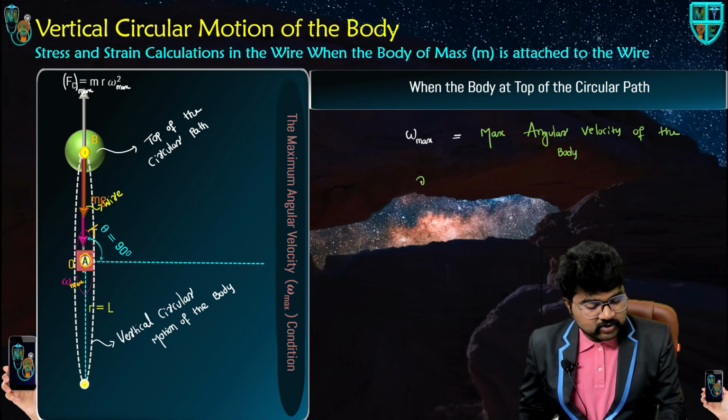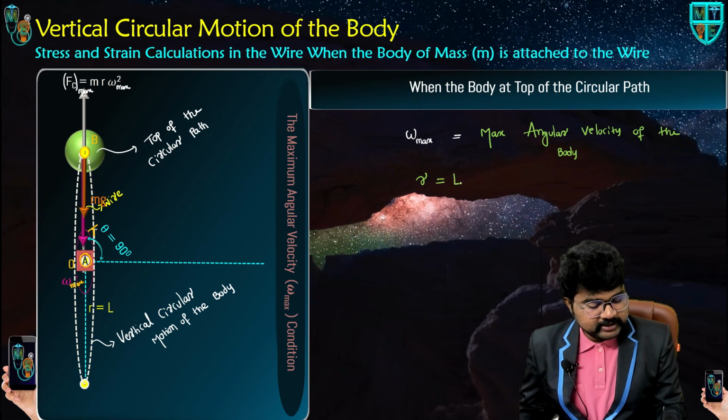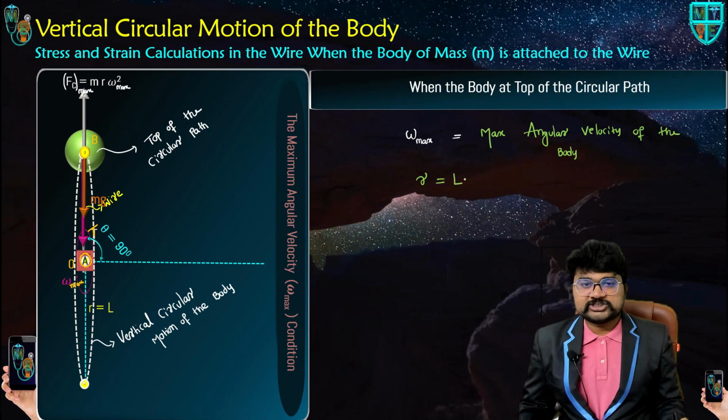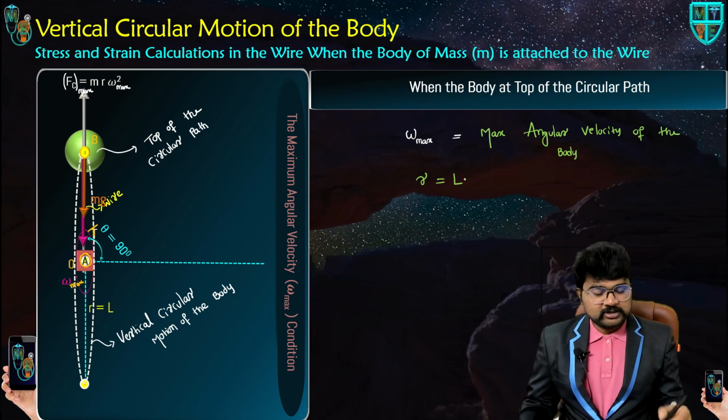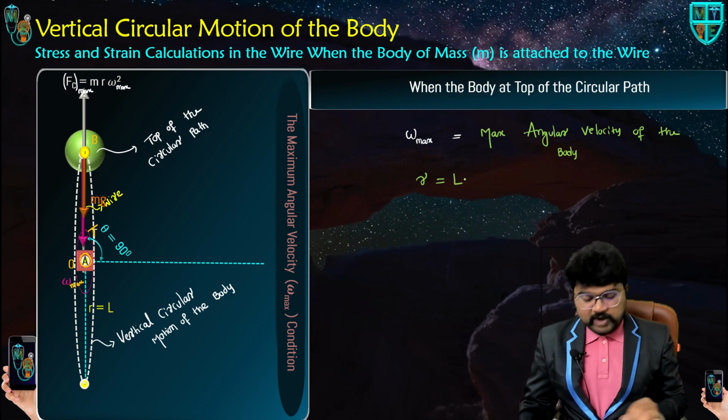Here R equals L. That means the radius of rotation of the circular path is equal to the length of the wire.